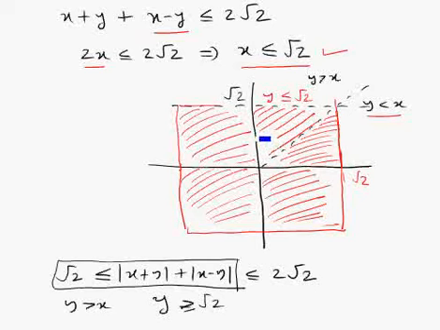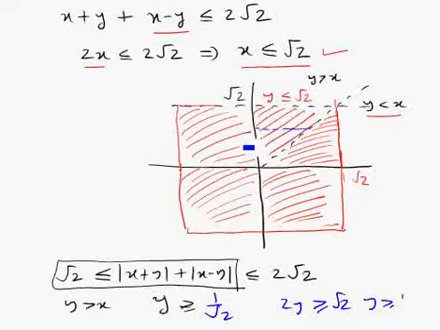Above this line we have to plot y greater than 1 by root 2, because if you simplify, it becomes 2y greater than or equal to root 2, so it is y greater than or equal to 1 by root 2. So this is the 1 by root 2 line.